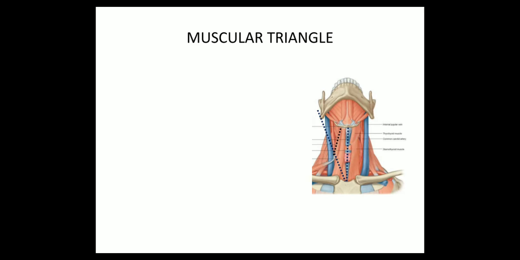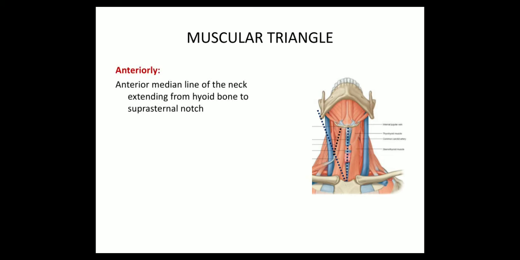Next is the muscular triangle. Here mainly the muscles, that is the infrahyoid muscles, are present in this triangle. It is bounded anteriorly by the anterior median line of the neck extending from the hyoid bone to the suprasternal notch. Posterior-superiorly, it is bounded by the superior belly of omohyoid.